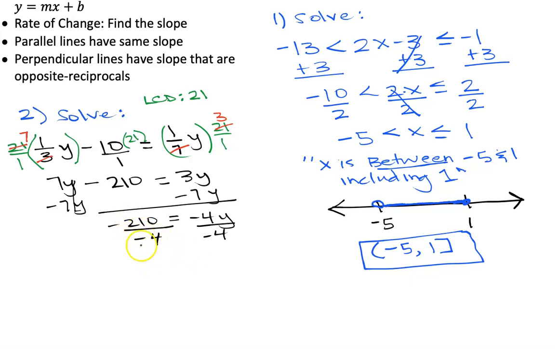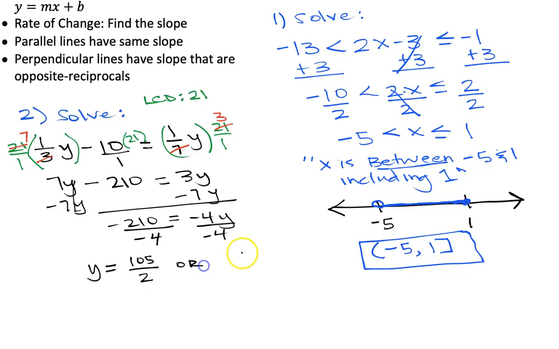So if it wanted it as a reduced fraction, well, 2 can divide into both of those, and they're both negative, so it's going to end up being positive. So I can say y equals 105 over 2.